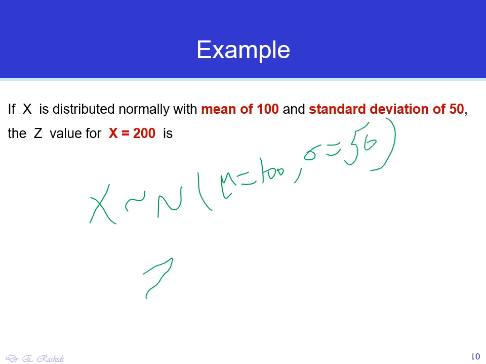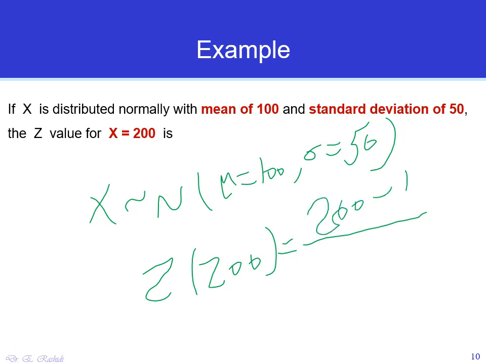We want to find the z-score of 200. That equals 200 minus the average, which is 100, divided by the standard deviation, 50. So that is equal to 2. This means that 200 is 2 standard deviations away from the mean.